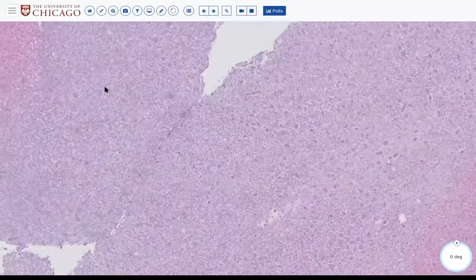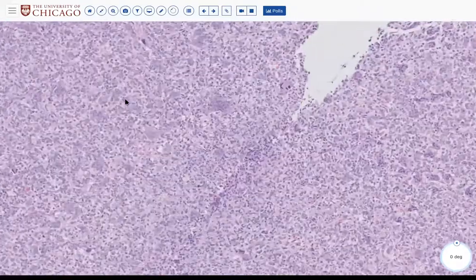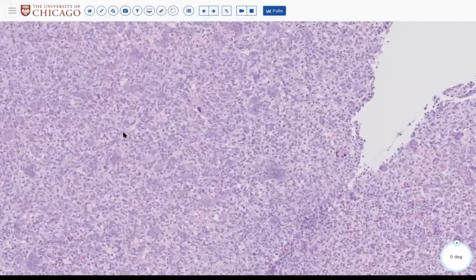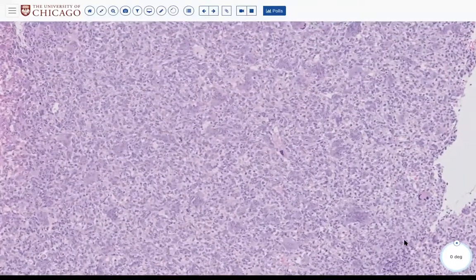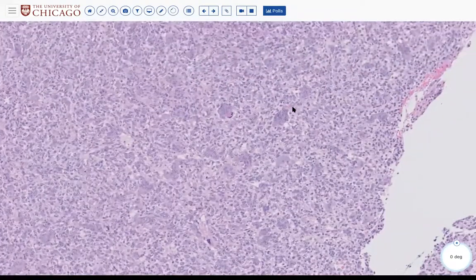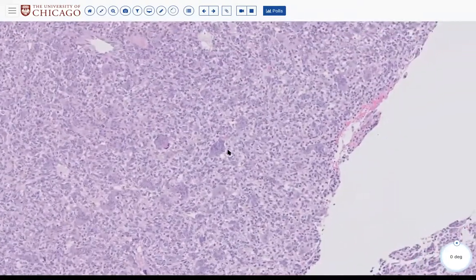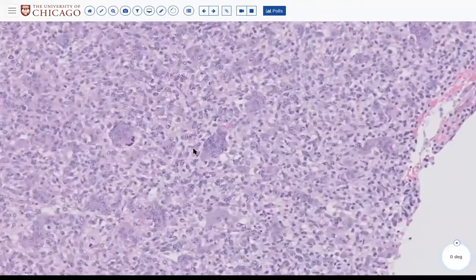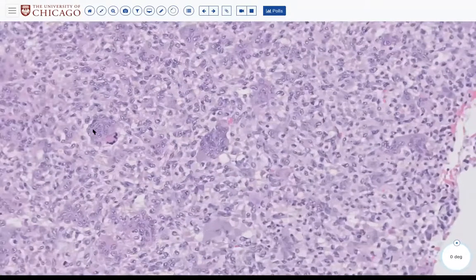So if you don't know what this is, burn it into your brain. Giant cells. Okay. So, large osteoclast-type giant cells with many nuclei.